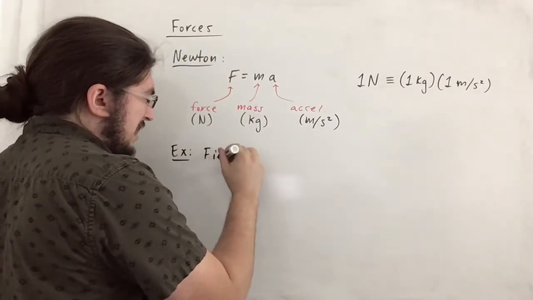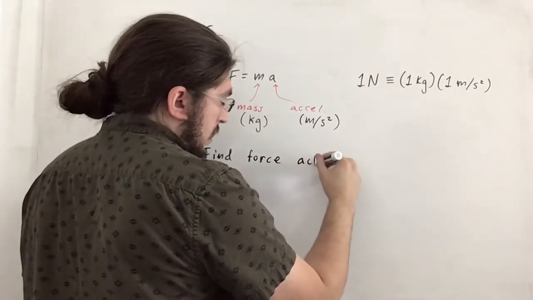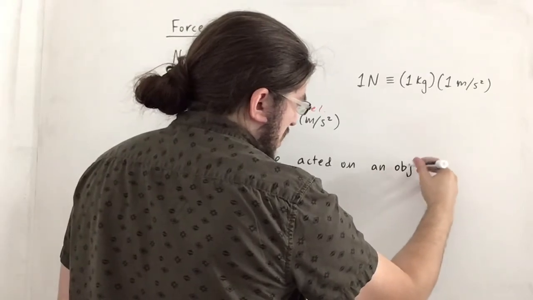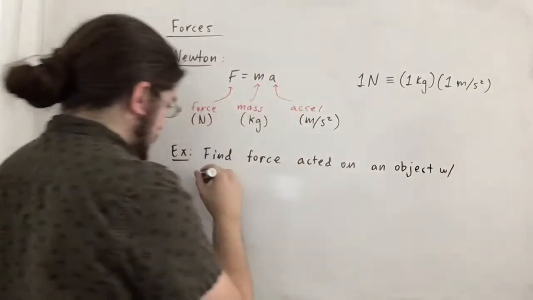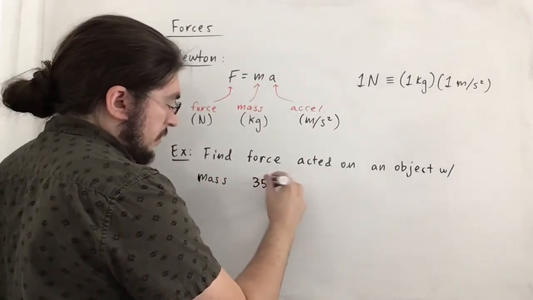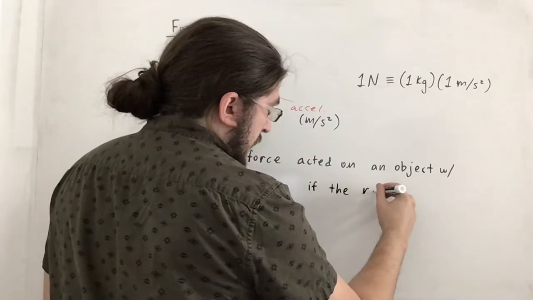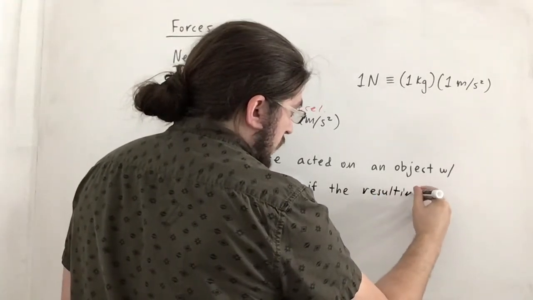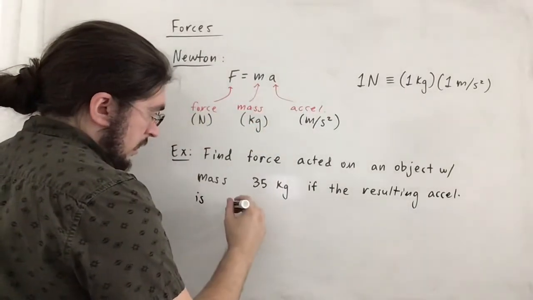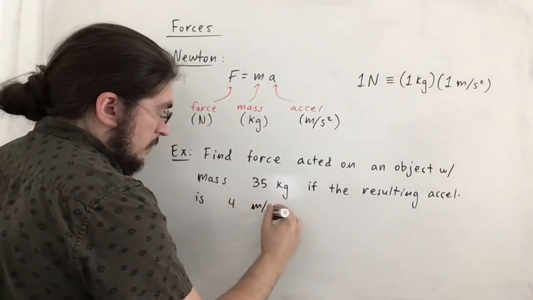So find the force acted on an object with mass, let's say 35 kilograms, if the resulting acceleration is, let's do 4 meters per second squared.